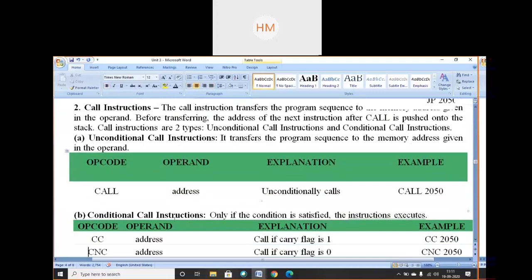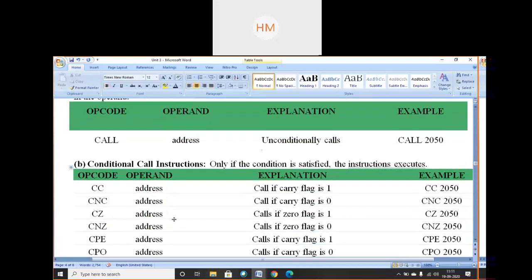Call instruction, unconditional call, conditional call instructions. Anything you want to ask?